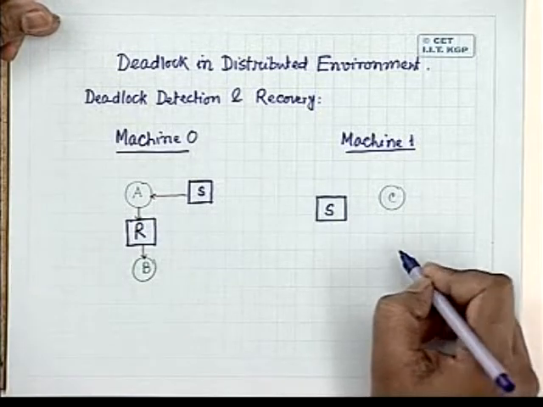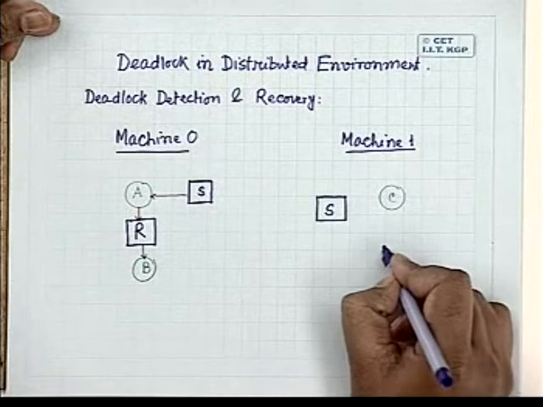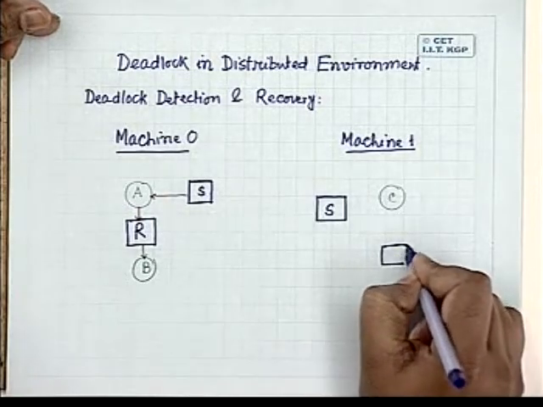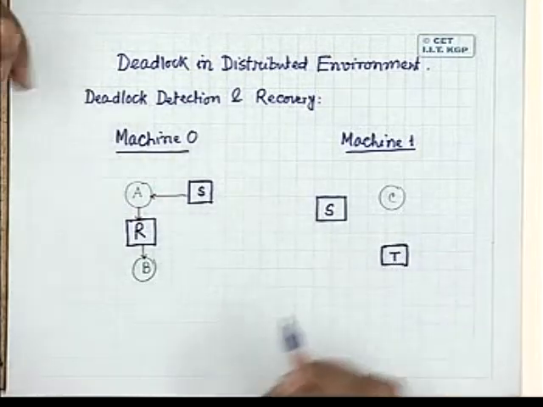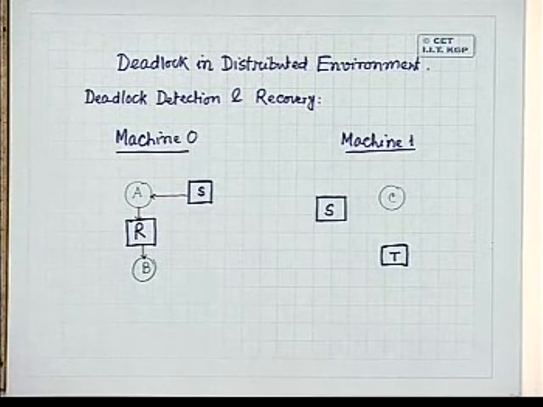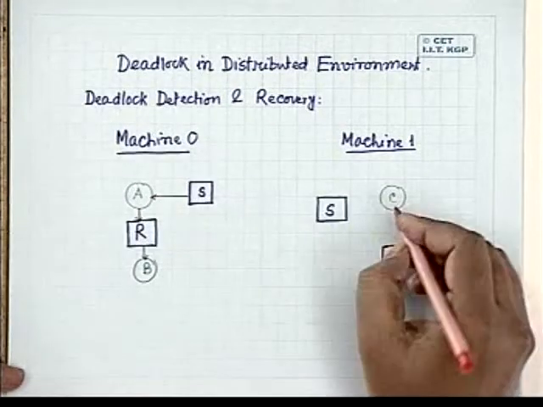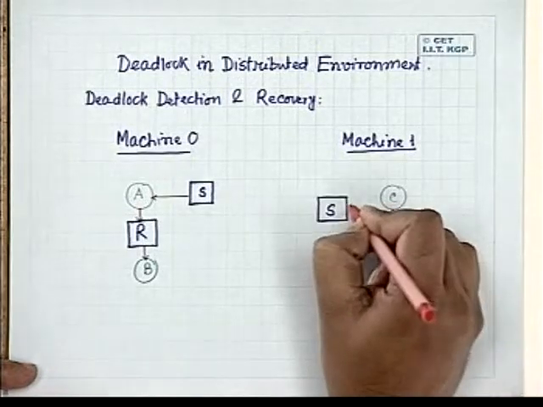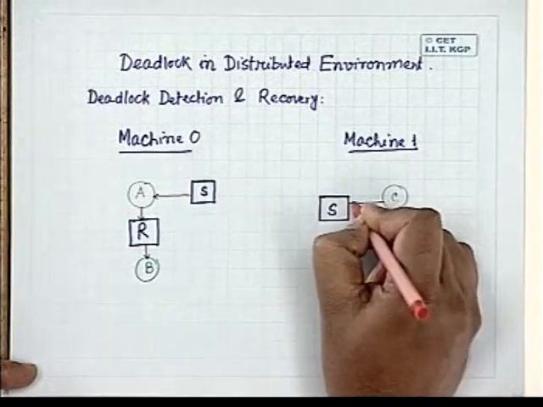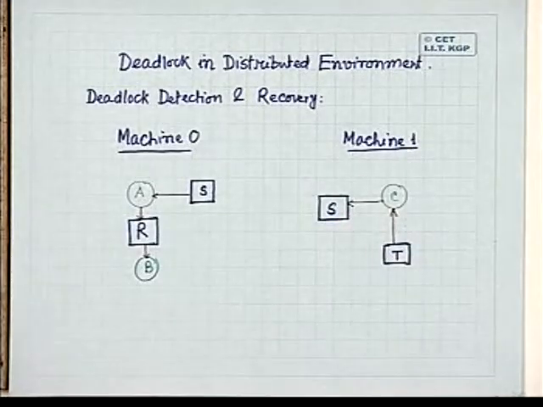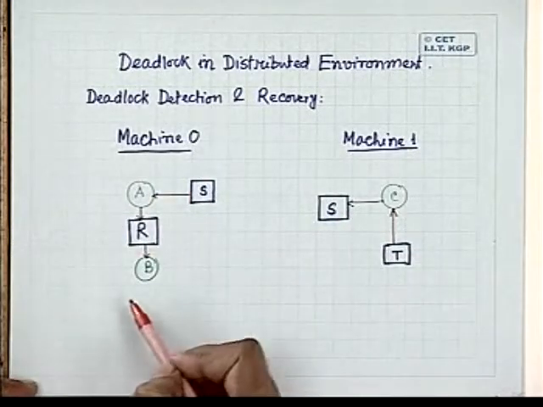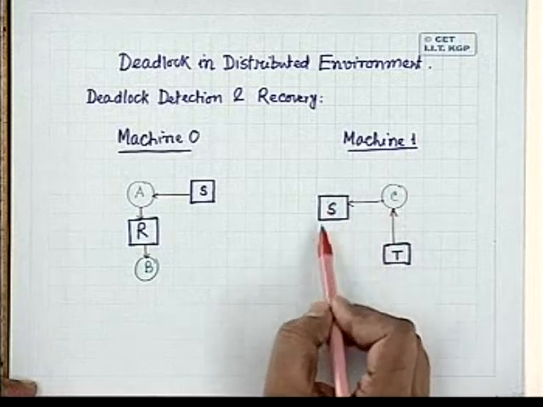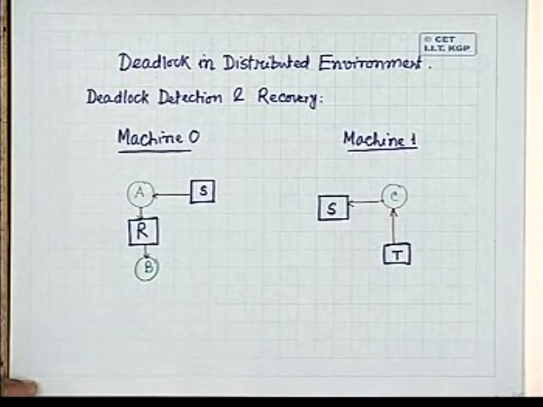Okay. And there is another resource, T. So during the same time, maybe resource T is allocated to process C, and C has put a request for resource S. So this is the resource allocation graph in machine 0, and this is the resource allocation graph in machine 1.